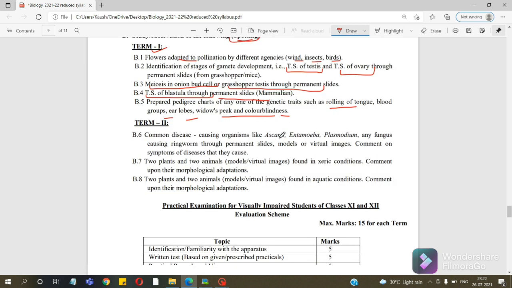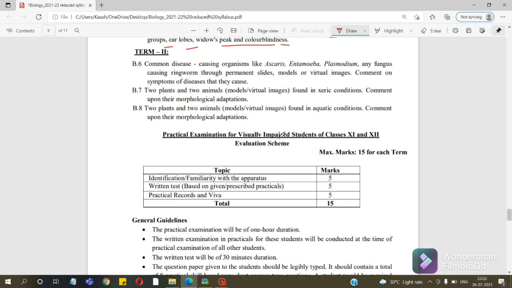In Term 2, there will be spotting of specimens like Ascaris and amoeba in a permanent slide, Plasmodium, and any type of fungus that causes ringworm. That may be asked from any permanent slides, models and virtual images, and you have to give the symptoms of the disease that they cause.